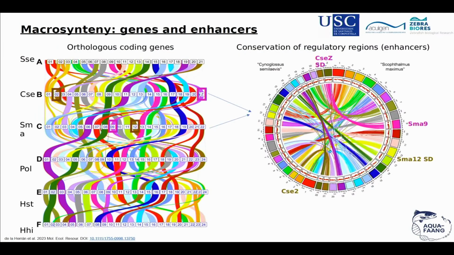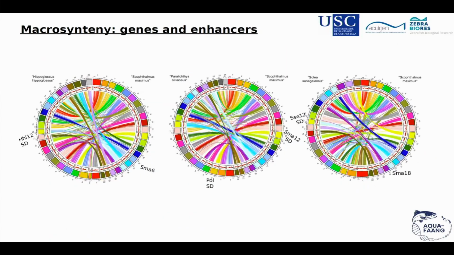We initially checked the synteny, and we were able to reproduce the synteny obtained by orthologous genes after genome assembly for each species with the positions of each enhancer in the different species analyzed. For example, chromosome 9 of turbot corresponds to the sex chromosome of Cynoglossus, 12 to number 2, and so on.